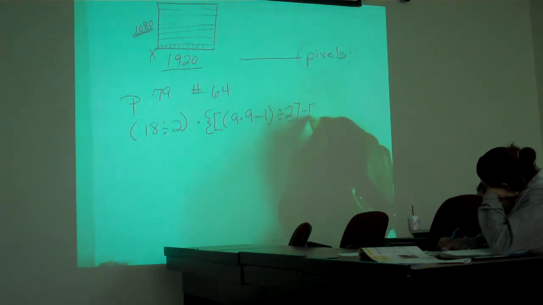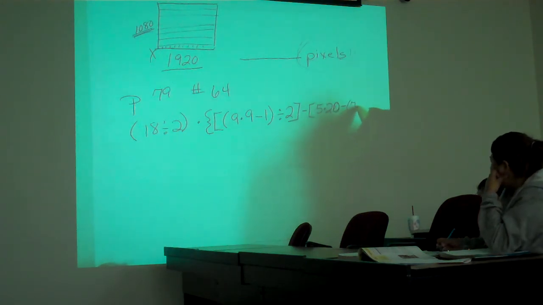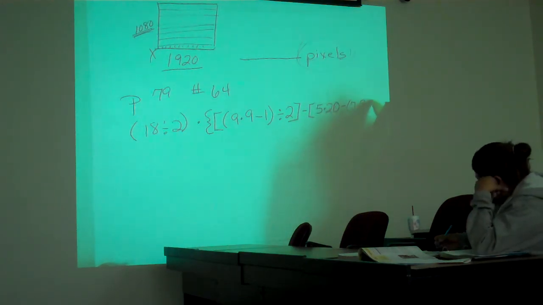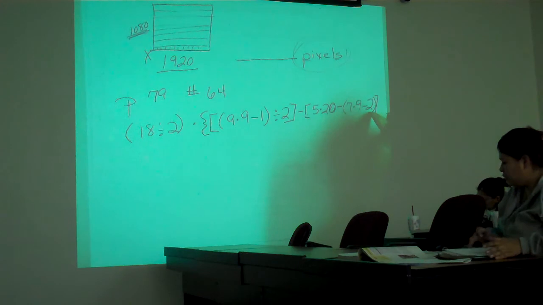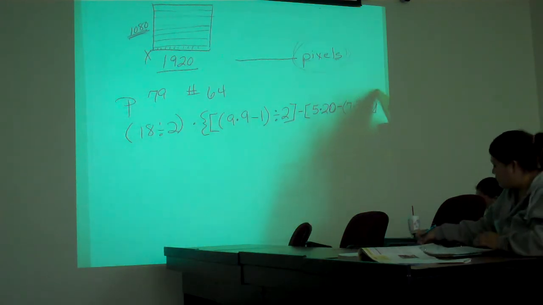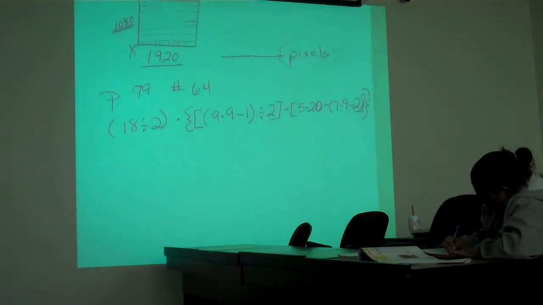Minus another bracket, 5 times 20 minus parentheses 7 times 9 minus 2, parentheses, and then we're closing this bracket and we're closing the squiggle. Okay, long problem.